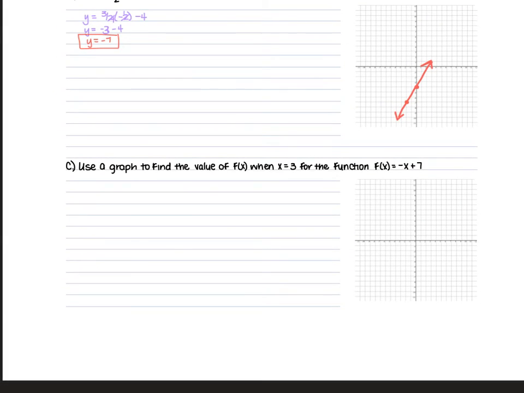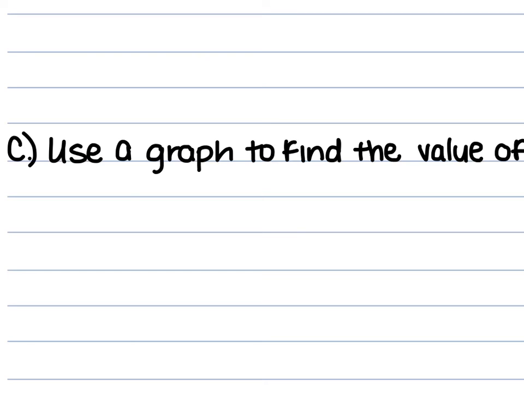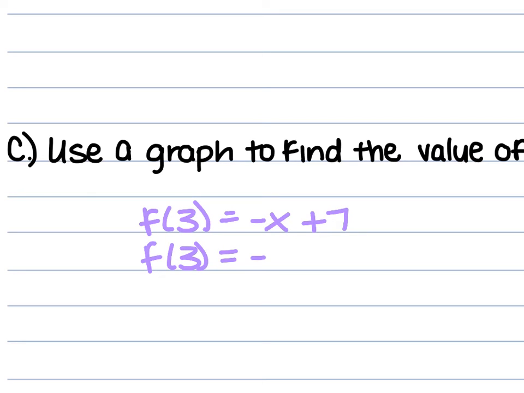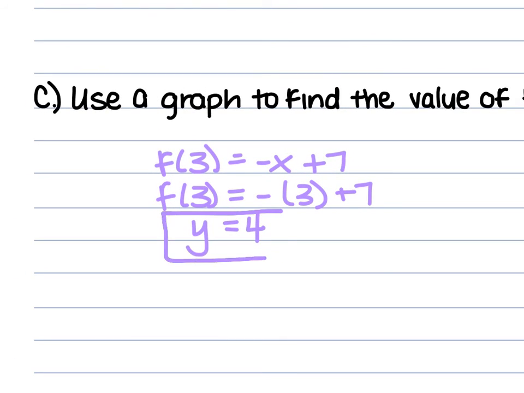So for our next one, we have that x is 3 and we're finding for y. So x is 3, we're going to have negative x plus 7. So this is going to be f of 3 is equal to negative 3 plus 7. Negative 3 plus 7 is 4. So our y is going to equal 4 here.